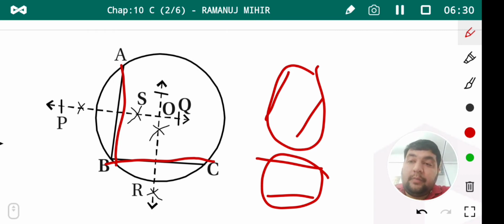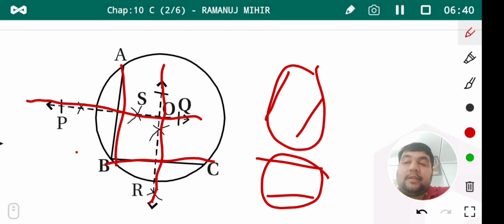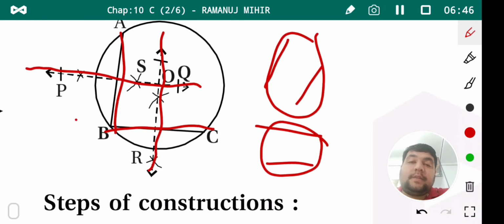This perpendicular bisector will pass through the center and this perpendicular bisector will also pass through the center. So there will be a common point of both perpendicular bisectors that passes through the center.